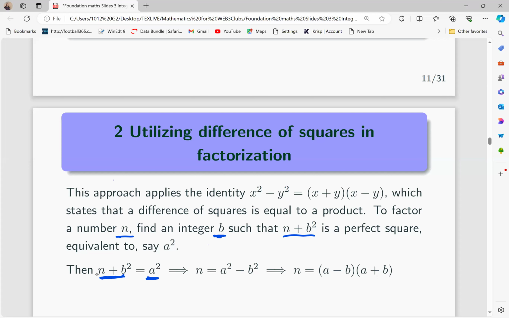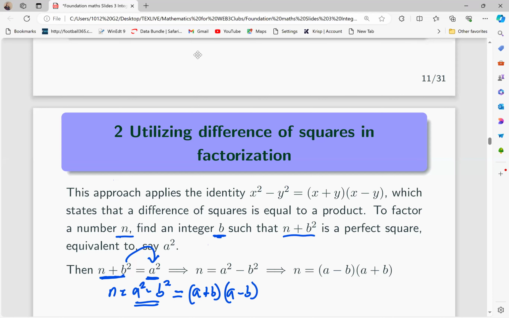So when you take b squared to the other side, n is a squared minus b squared, and this can be factorized to give us a plus b times a minus b. So we just look for a number which, when we square it and add it to n, we get a perfect square.